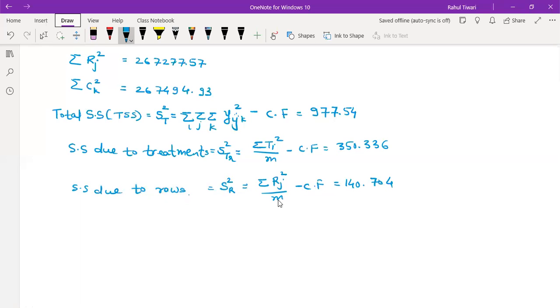Similarly, SS due to column also, which is S squared C, summation over CK square upon M minus correction factor, which will result in 184.176.